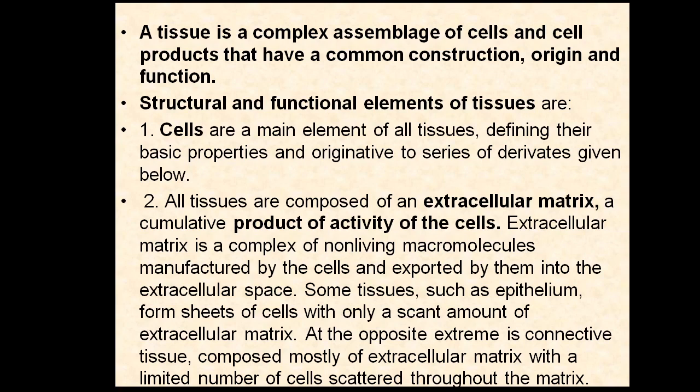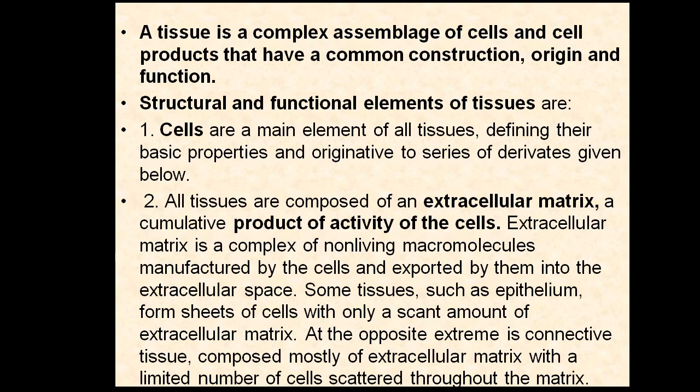But additionally, our tissues consist of cell products like extracellular matrix. It is non-living macromolecules which are produced by cells of this concrete tissue and fill the extracellular spaces between the cells.